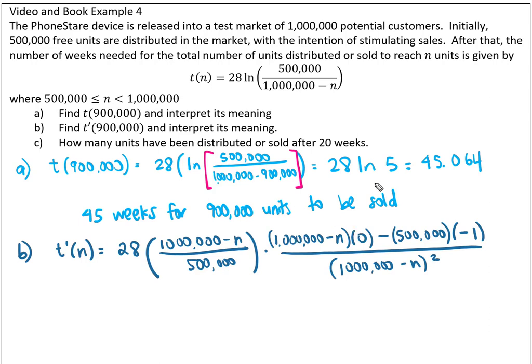Well, the 0 times this will go away, and then we just need to multiply that out.